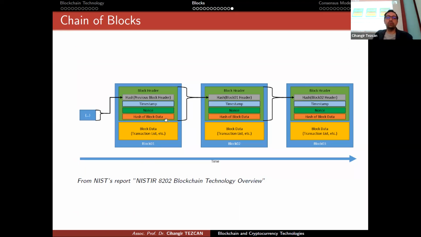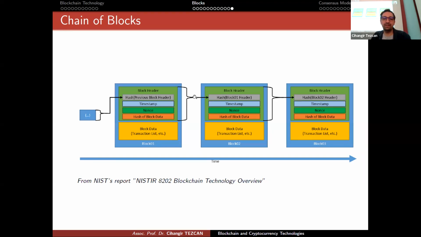And you choose your nonce, for instance, 0. You put your current time and put the hash of the previous block header. Calculate the hash of it. If it is less than a value, this means that you solved the cryptographic puzzle. And now this block becomes valid. And the hash output is put here for the following block.